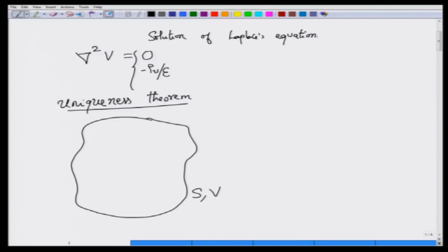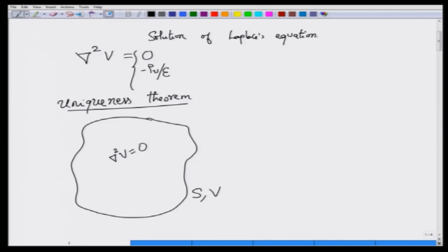For now there are no conductors or charges specified inside. So clearly this is a situation where we can apply Laplace's equation, because del square V will be equal to 0 throughout this region, which is characterized by the surface S and the corresponding enclosed volume V.